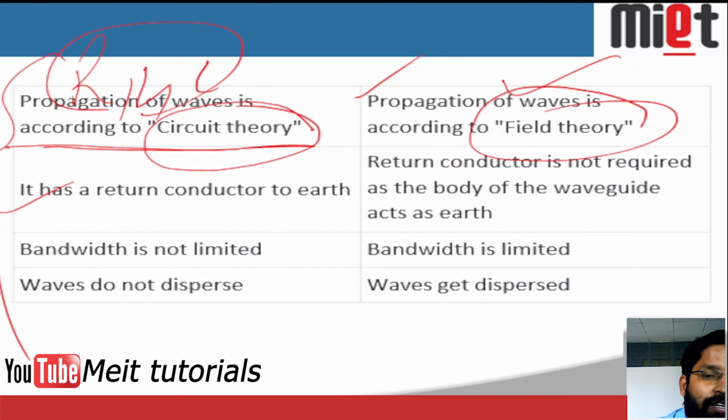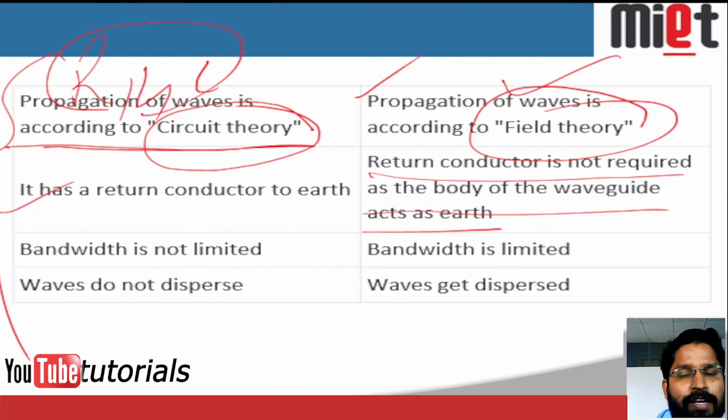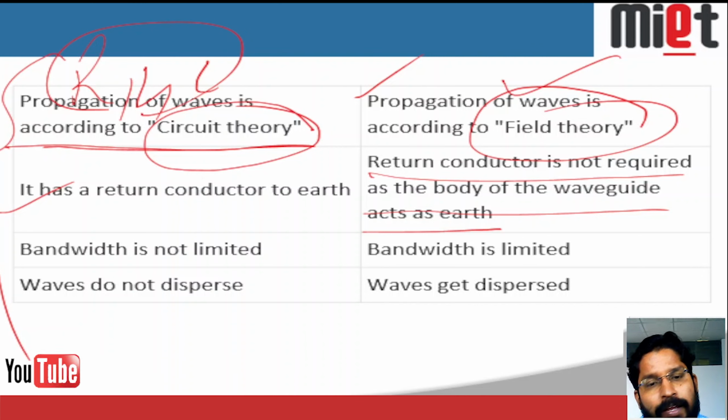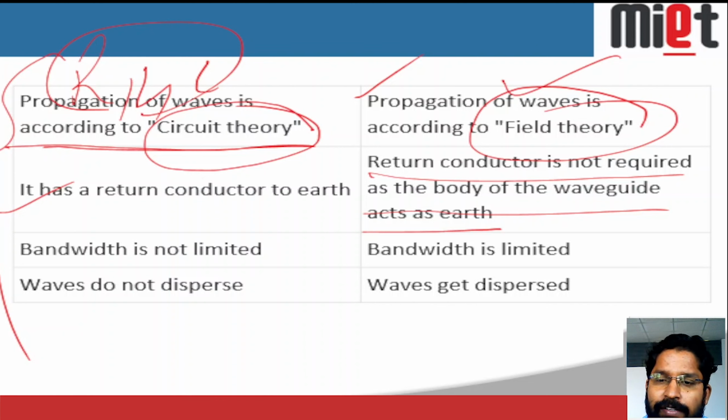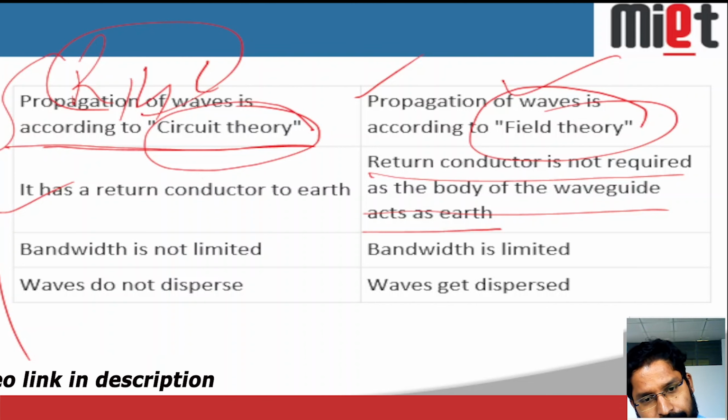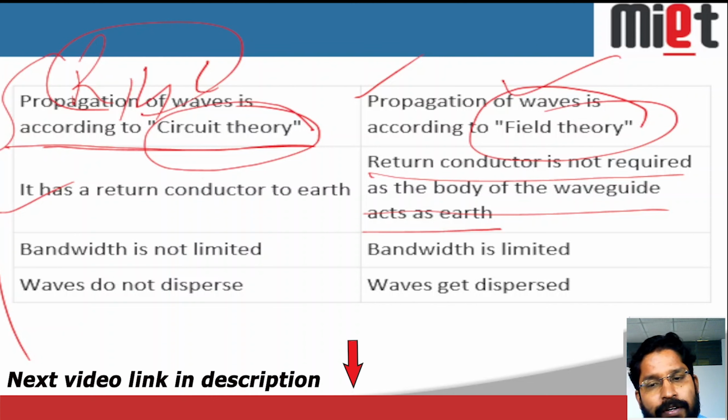The transmission line has a return conductor to the earth. A return conductor is not required in a waveguide, as the body of the waveguide acts as the earth. In the transmission line, earthing is required. In the case of a waveguide, earthing is not required. It is also an important point.